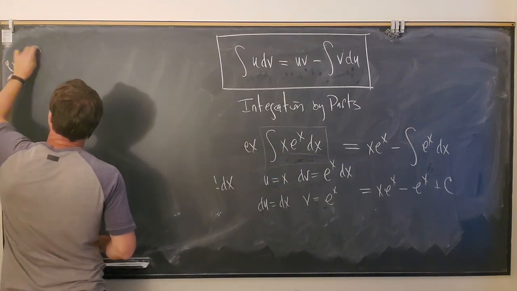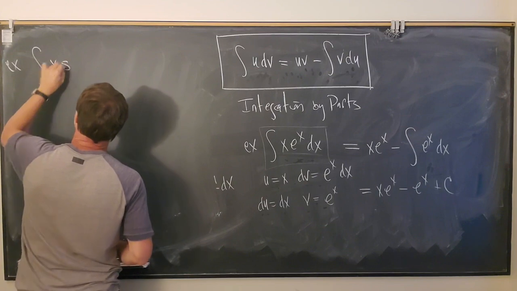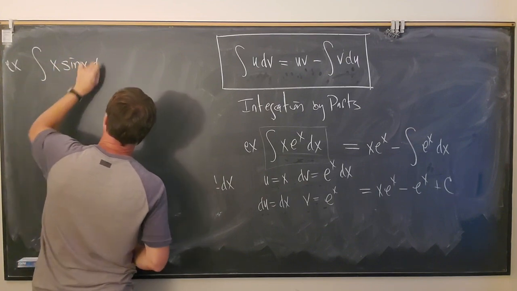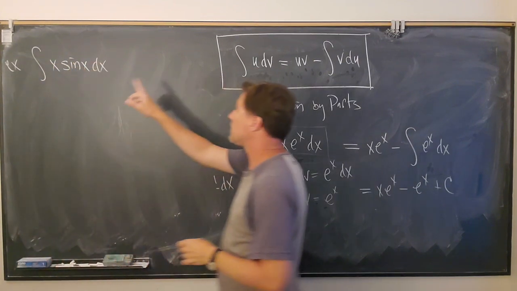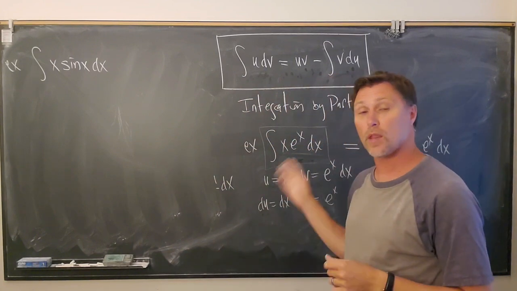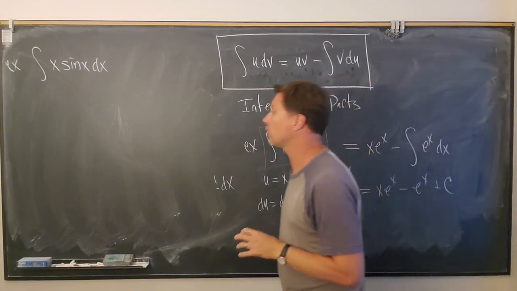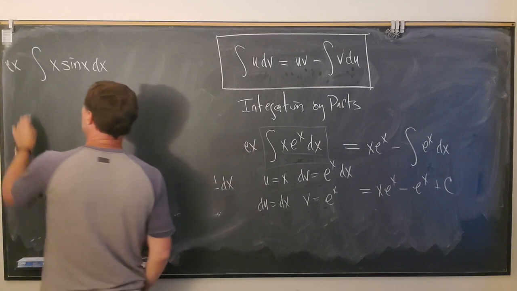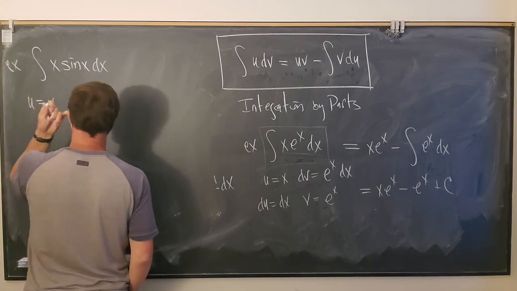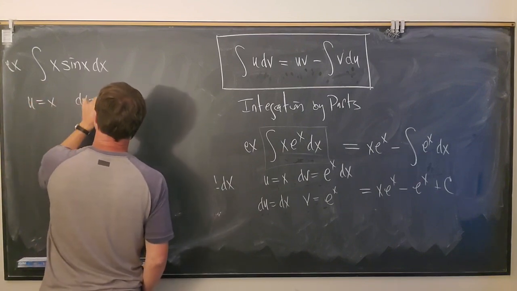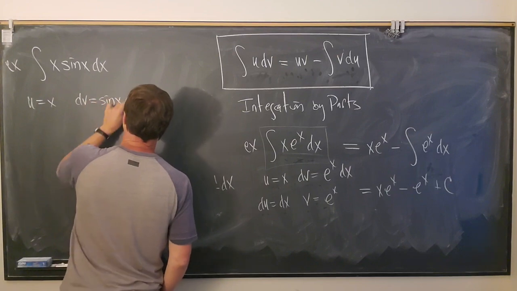Let's look at the integral of x times sine x dx. So now what I have is polynomial times trig, another situation where integration by parts is the way to go. So I'm going to let u equal x, dv equal to sine x dx.